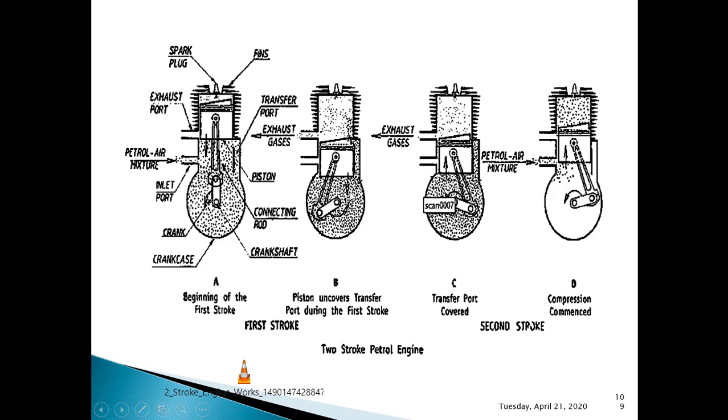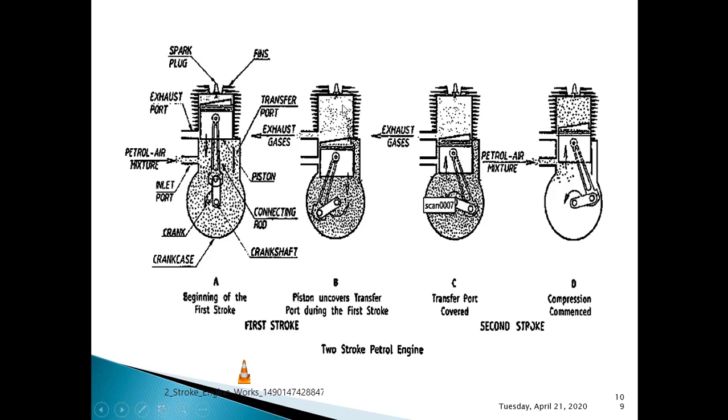We told that it's partially compressed, so its pressure will be somewhat higher than that of the expanded exhaust gases. So the fresh charge which enters this combustion chamber forces the exhaust gases to move out of this combustion chamber through this exhaust port. That process is called scavenging. That is what I told in the first slide itself.